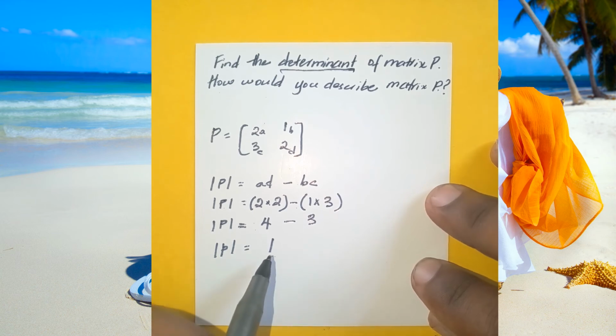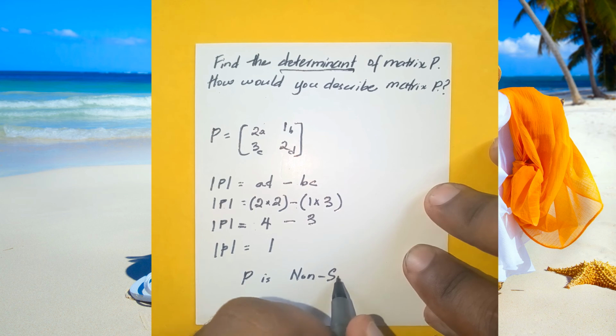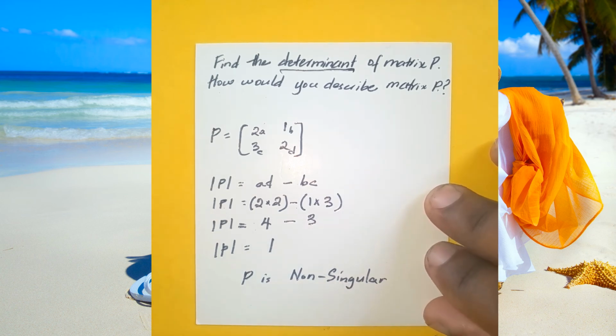But this is not 0. The determinant is not 0. Therefore, P is non-singular. That means P, the determinant of it, is not equal to 0. And that's it.